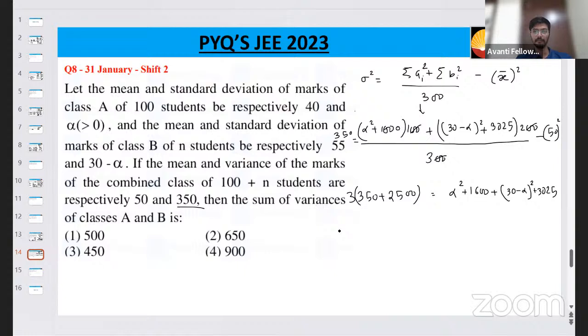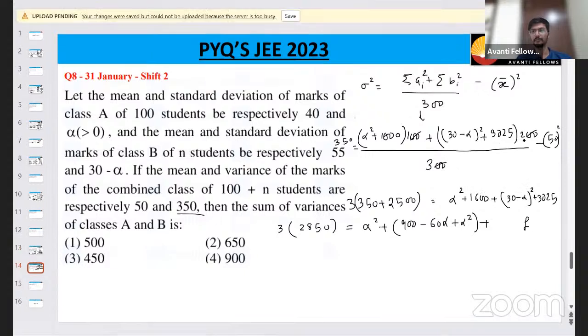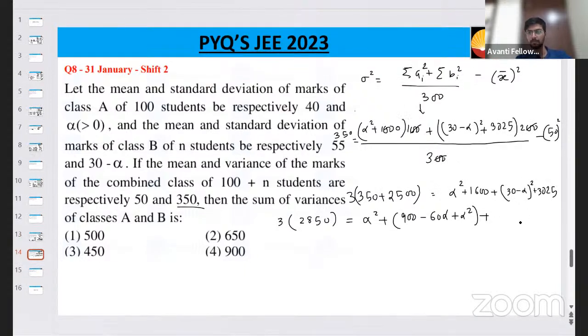So this value is 3 into 3, so 2850 is equals to alpha square plus 900 minus 60 alpha plus alpha square plus 5,264.